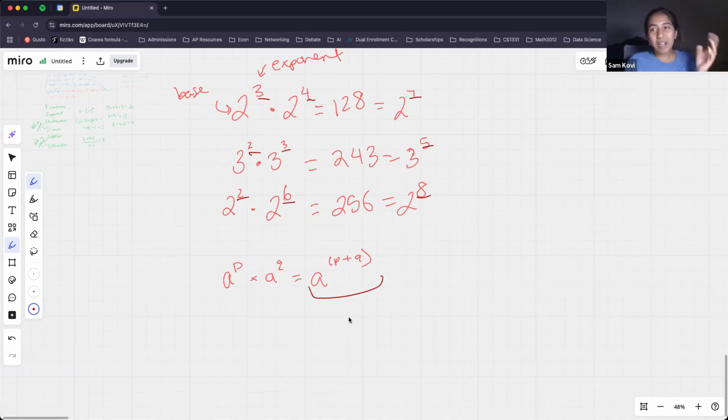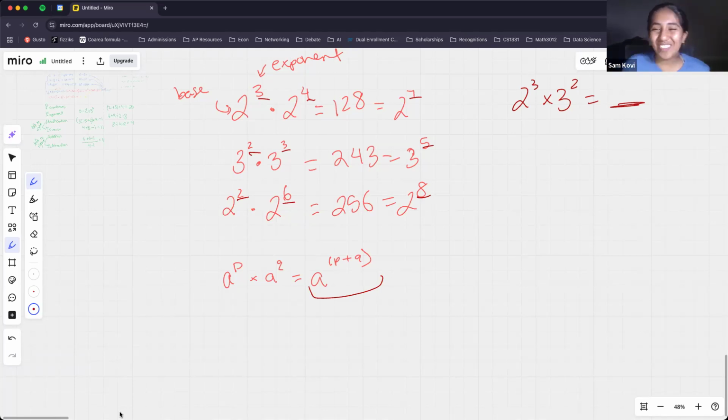The reason we can't do something like 2 cubed times 3 squared is that you can't add these exponents together. What would you put in the base? Would you do 2? Would you do 3? Would you do 2.5? You don't know. So we're not able to consolidate two numbers with different bases.